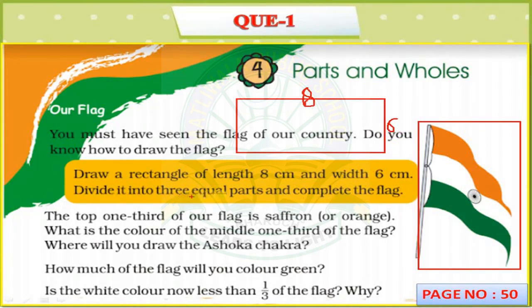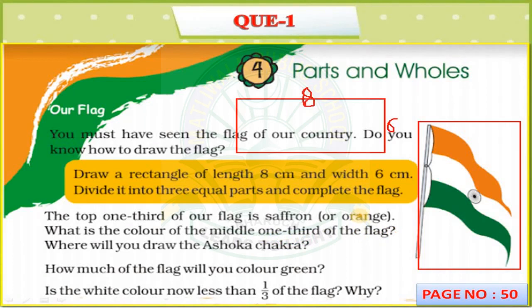Divide it into 3 equal parts and complete the flag. Now the top 1/3 of our flag is saffron or orange color. What is the color of the middle 1/3 of the flag?